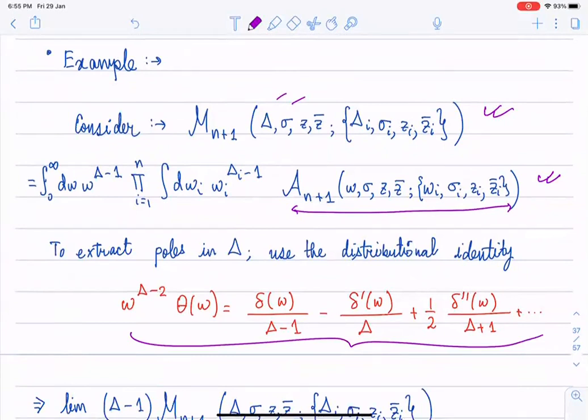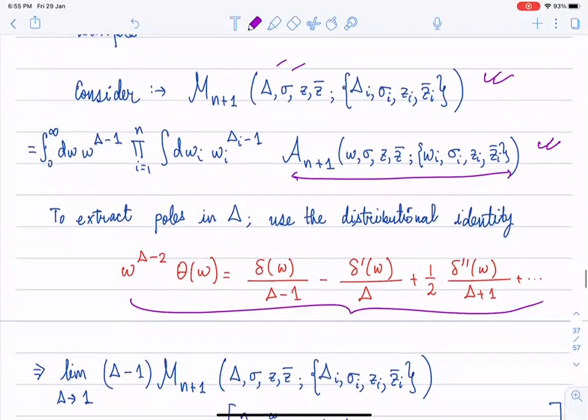But now you see that the point of using this identity is that you have these various poles in delta, right? So for example, the first term has a pole at the value delta equal to 1. The second term has a pole at delta equal to 0, and so on and so forth, right?